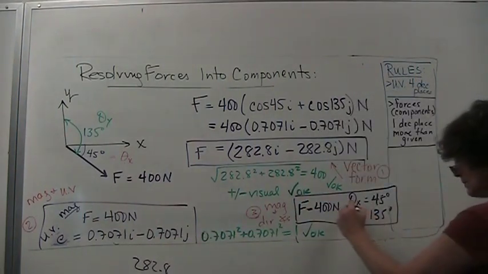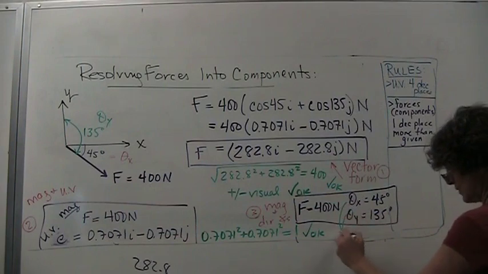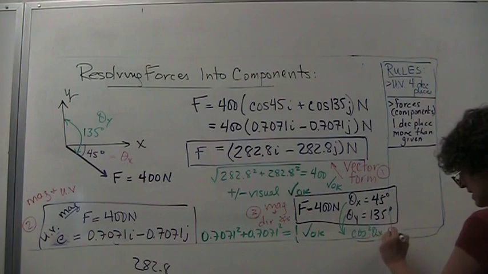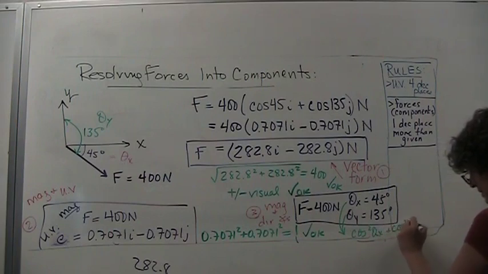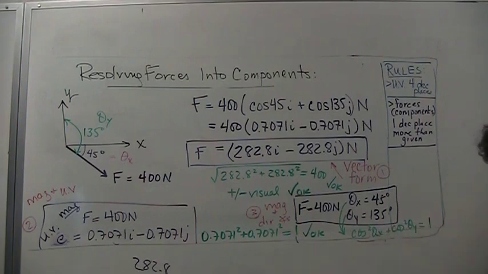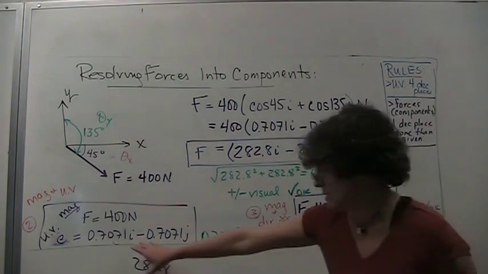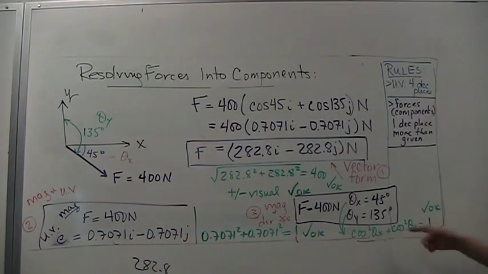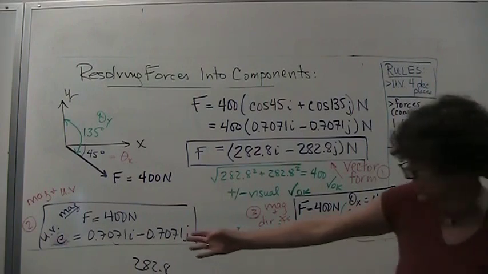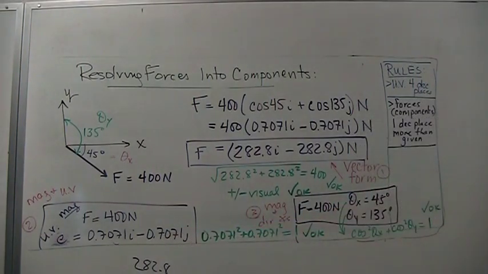Because you have the two direction angles, the cosine squared of theta x plus the cosine squared of theta y is going to be equal to 1. And we'll put an OK. So the unit vector check and this check with the direction angles is really the same. But if you made a mistake going from the direction angles to the unit vectors, checking both of them would be helpful.